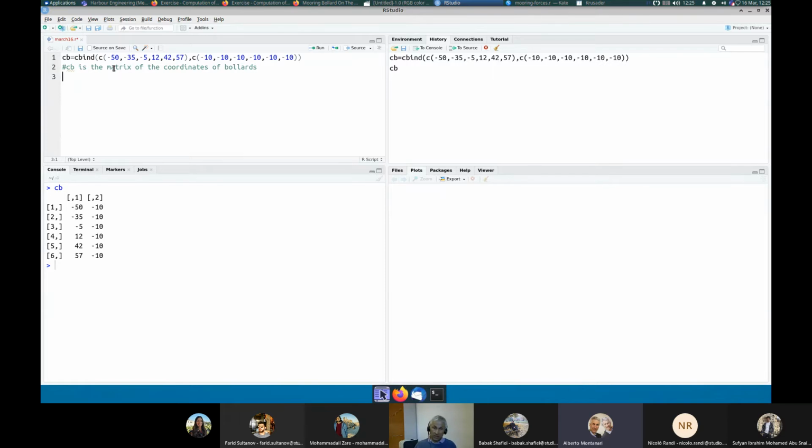Now, clearly, commenting takes time, but commenting allows you to save time when you go back to a code that you have previously written. Again, I tell you, when you write a code, you get the feeling that you will forever remember what you're doing.